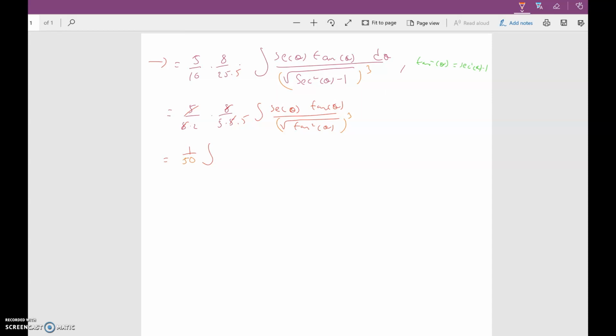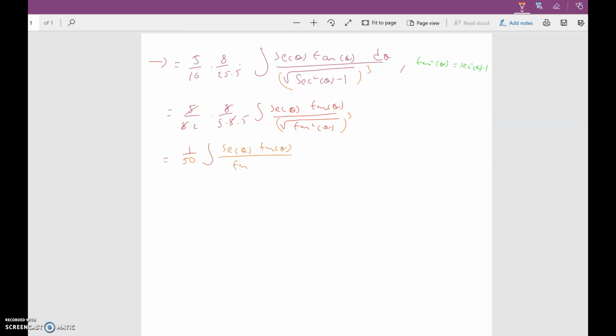at this point, we have the secant of theta, tangent of theta, and at the bottom, we're just going to have a tangent.